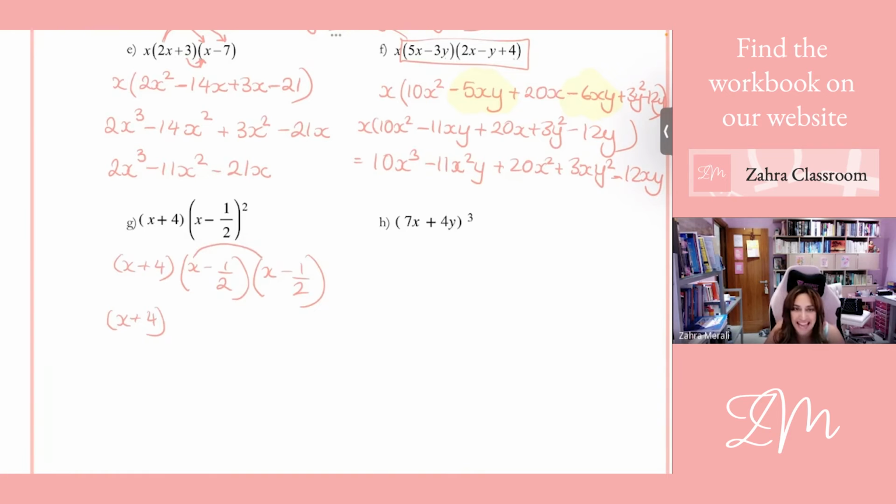X times x to give you x squared. X times minus a half to give you minus a half x. And then you're taking, oops, let's do those arrows properly. Okay, so you've got x times x, x squared. Then that same x multiplied by minus a half. Then you're multiplying everything by the minus a half x.